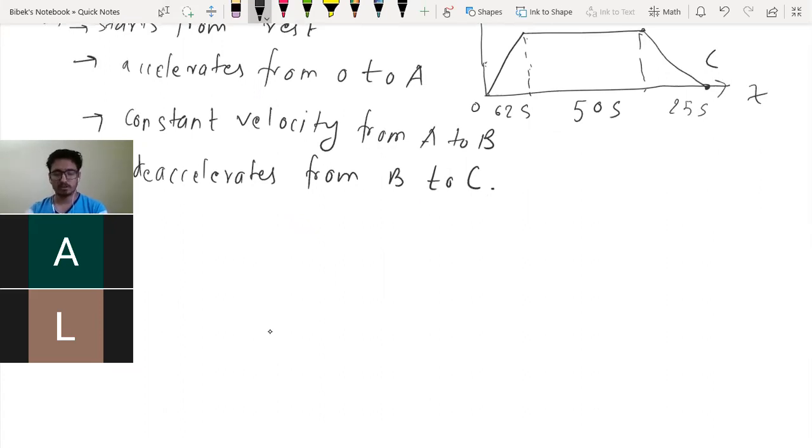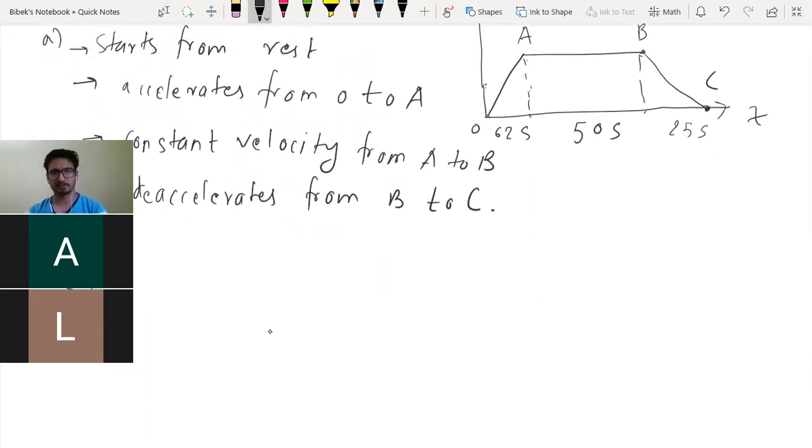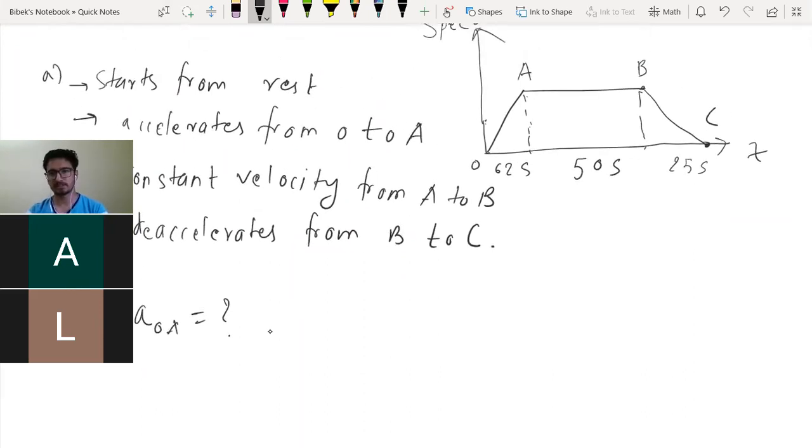Now it's asking you to find the acceleration from O to A. So what's the acceleration from O to A? It's given in the problem that the maximum velocity that the train reaches is 36 meters per second.